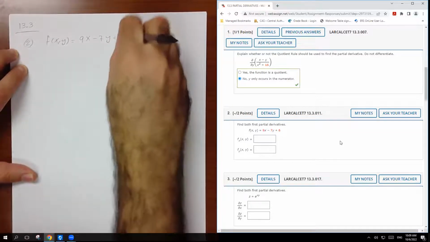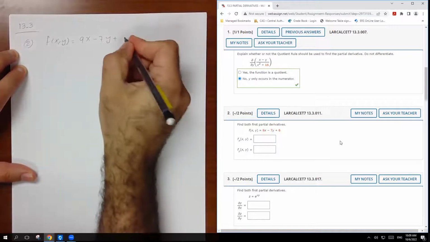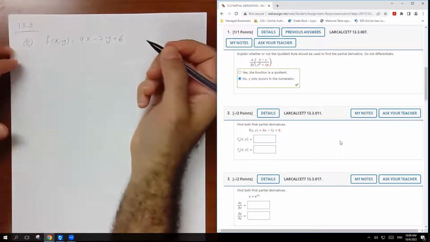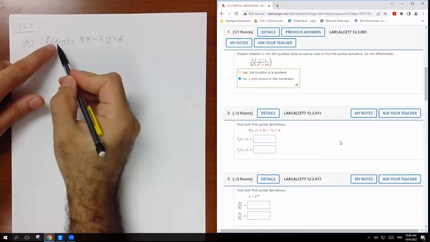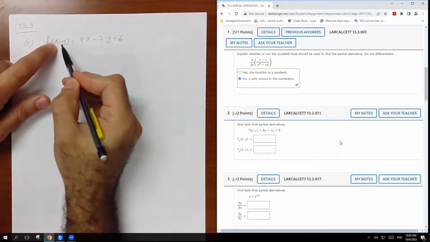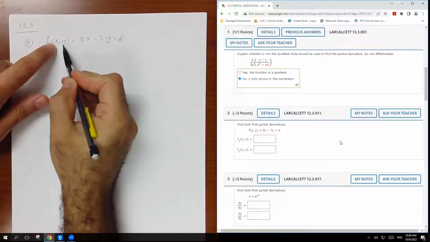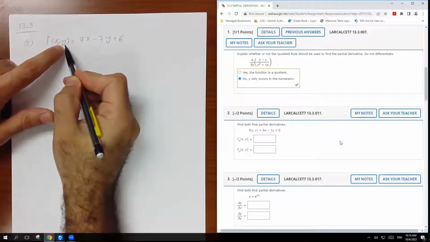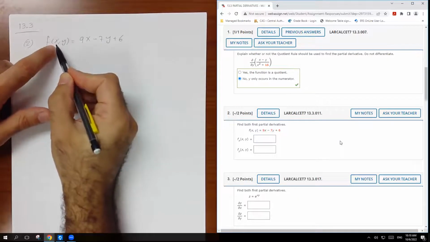Keep in your mind, when you need to find the partial derivative with respect to the x, that means y is going to be constant. You're going to deal with y as a constant. When you need to find the partial derivative for y, you're going to deal with x as a constant.